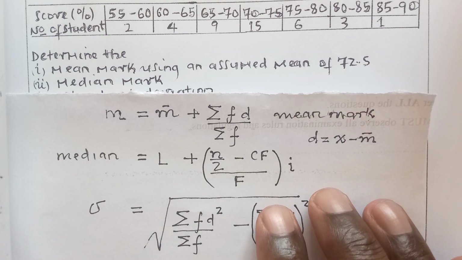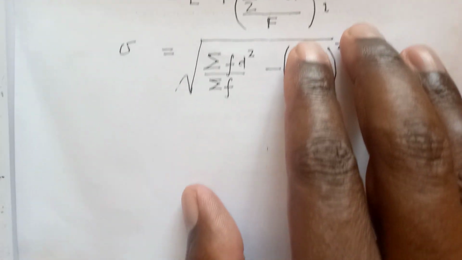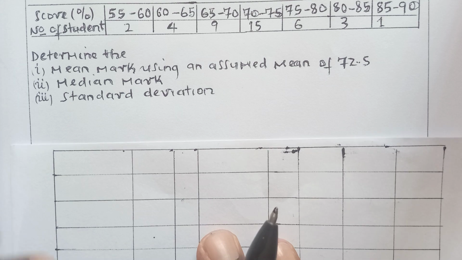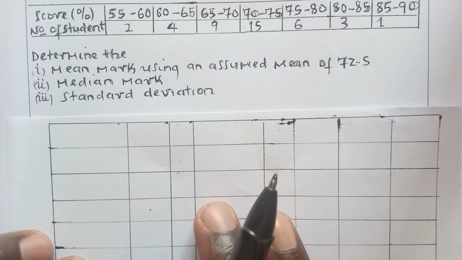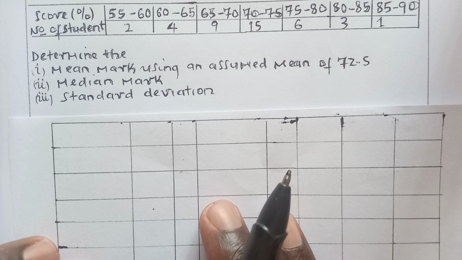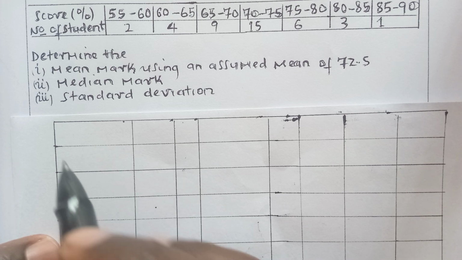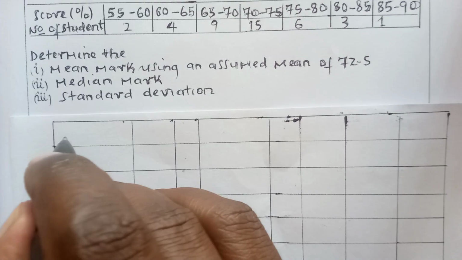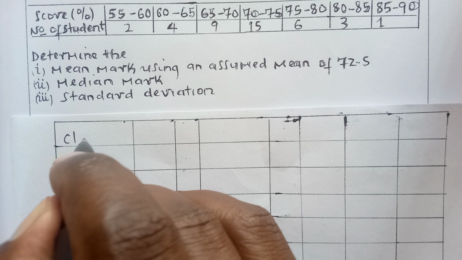So guys, we can keep this one aside as we now fill the table. I had already drawn the table here just to save time. The first thing we do is write the classes here.